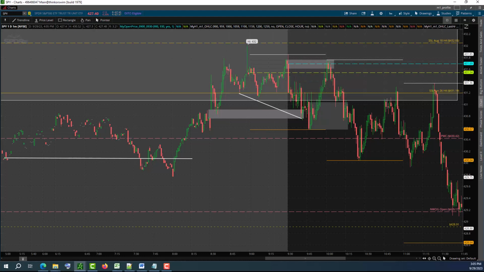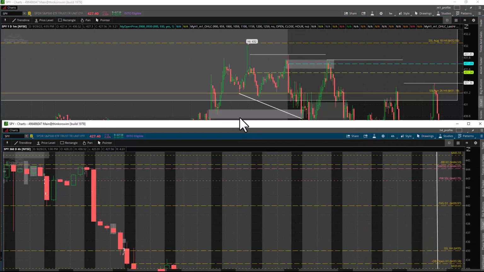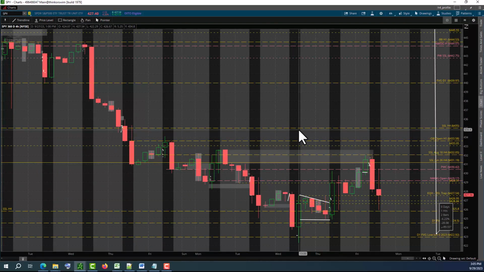It opens below that, because we look at the 4 hour time frame. The candle starts at 9 o'clock.